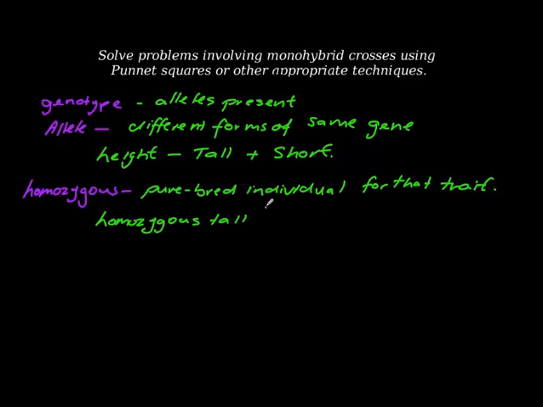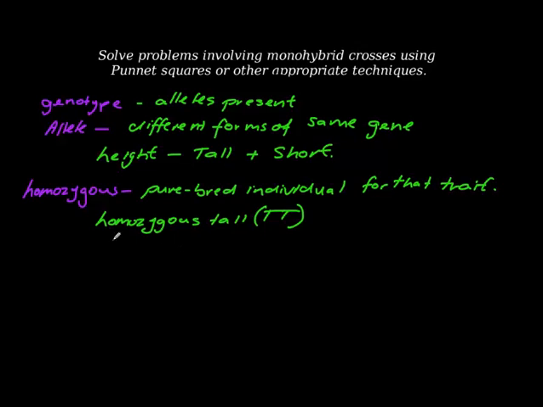What that means, if we use our letter notation, is that both of the alleles are the tall variety. So it would be TT, remembering that there are always two factors, or two alleles, for every gene that are present in an organism.